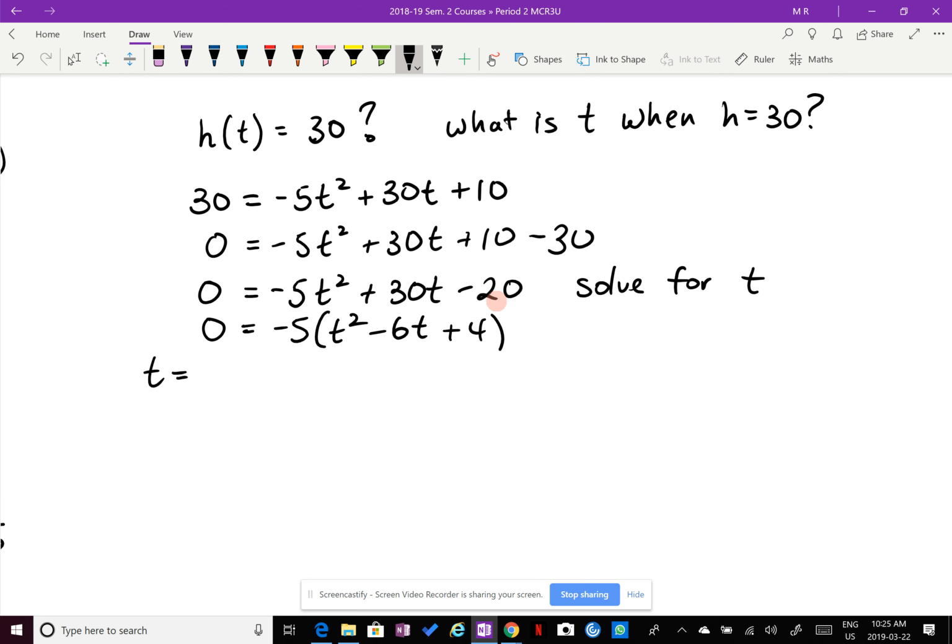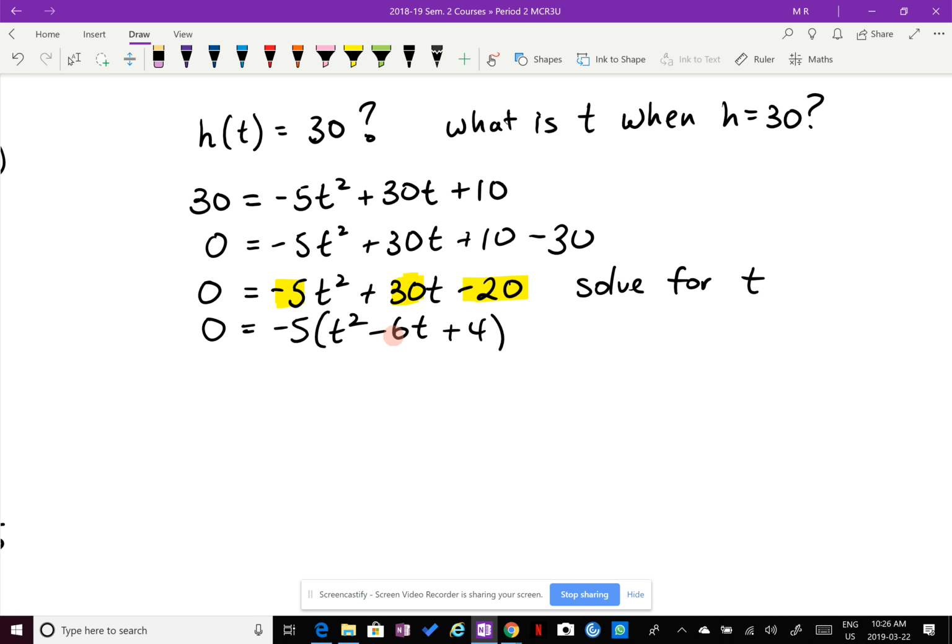But you couldn't factor the simple trinomial inside. So t squared minus 6t plus 4. Simple trinomial, you can't use product sum. Okay, so that's not factorable. So I'll use the quadratic formula. My values for a, b, and c that I'll use are -5, 30, and -20.